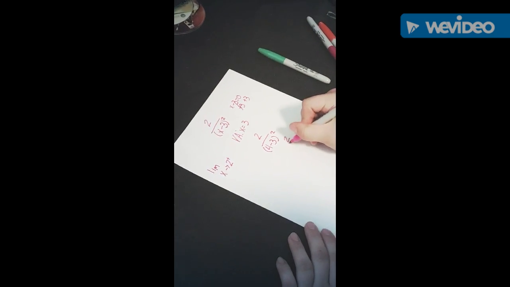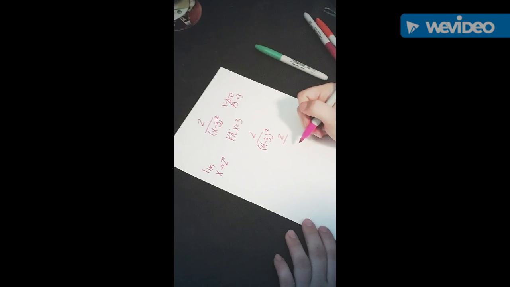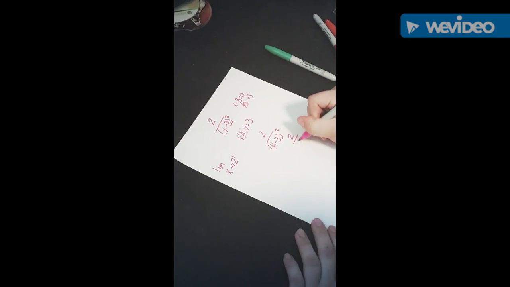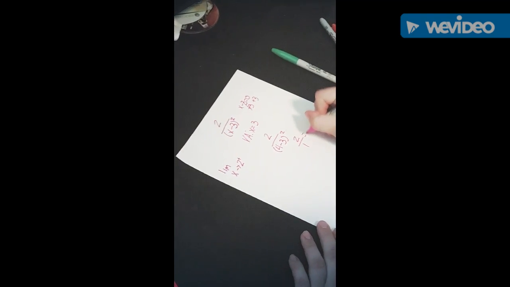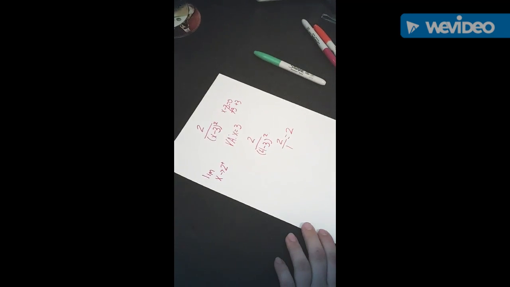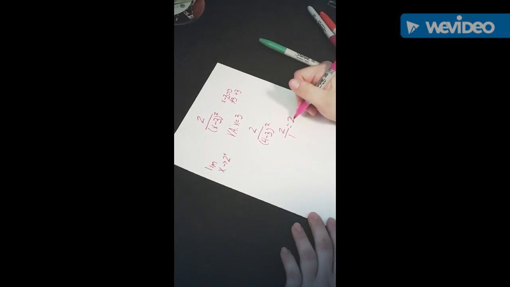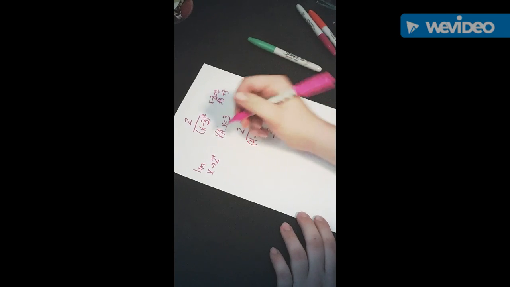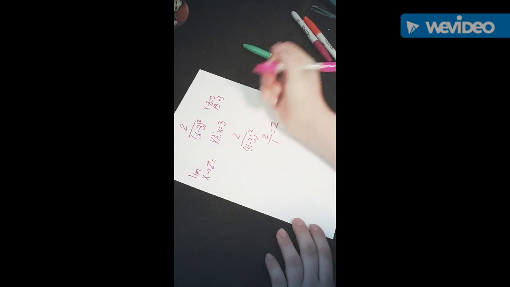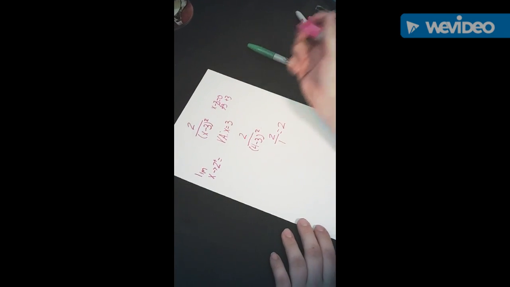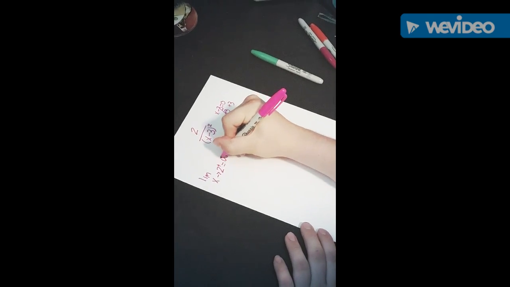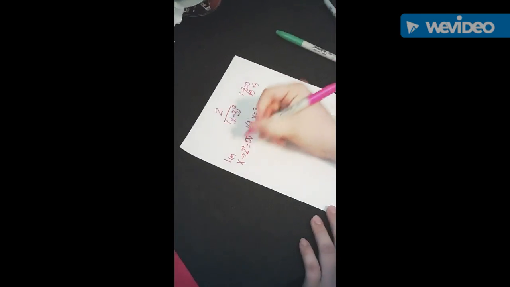So it'd be 4 minus 3, which is 1, and 1 squared is obviously 1. So it'd be 2 over 1, which would equal 2. So because it is a positive number, the limit going to 2 from the right side would be infinity. And that's it.